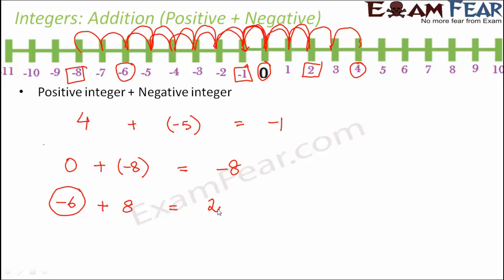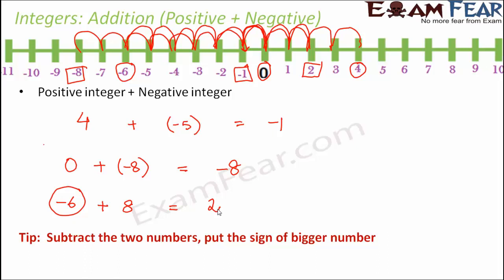So basically with these calculations, the simple tip that you need to remember is whenever you have to add one positive integer with one negative integer, subtract the two numbers and put the sign of the bigger number. Now if you are dealing with bigger numbers, it is not possible to draw the number line.